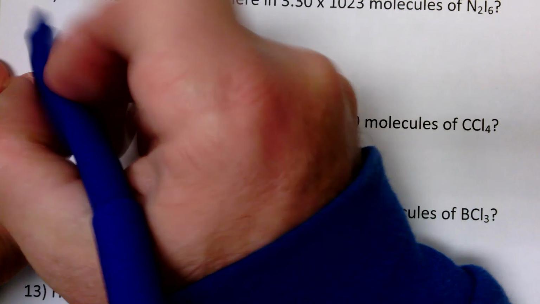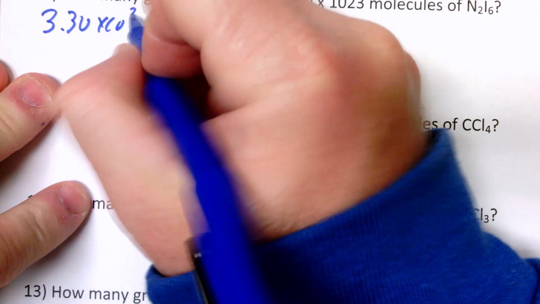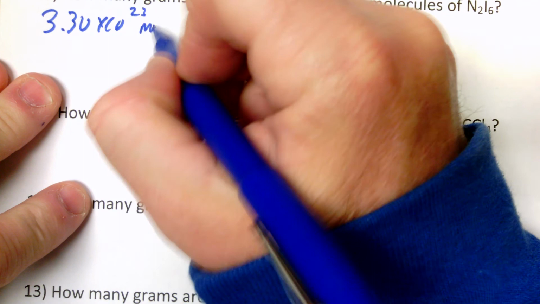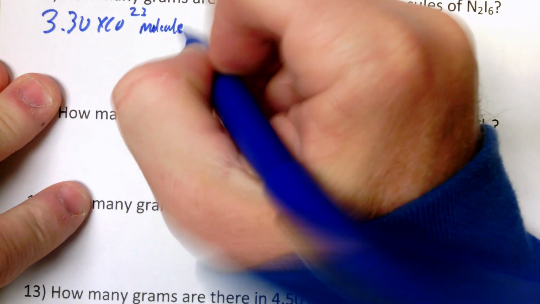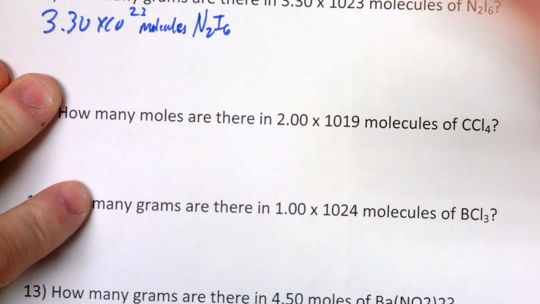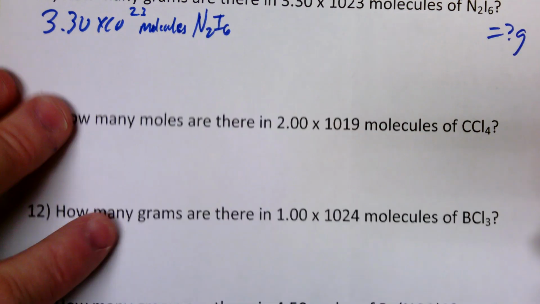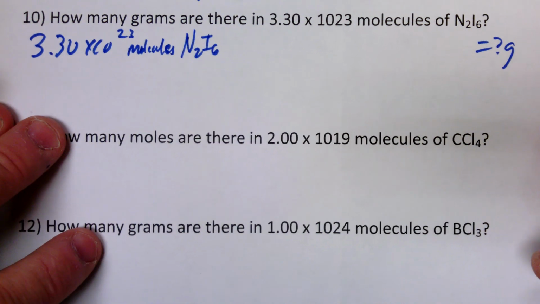How many grams are there in this many molecules? 3.3 times 10 to the 23rd molecules of N2I6. How many grams?